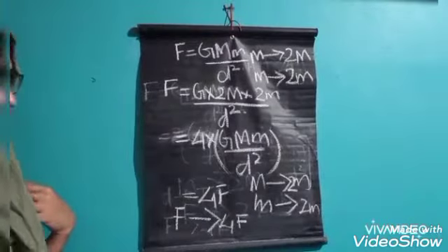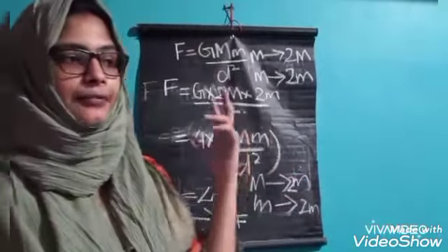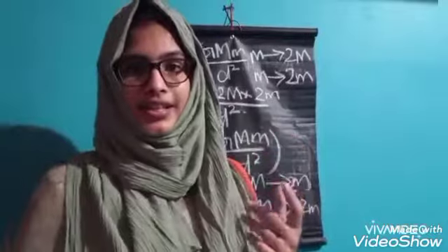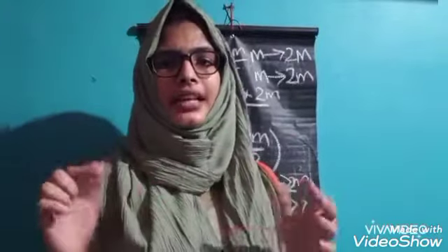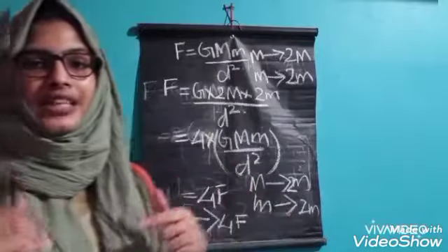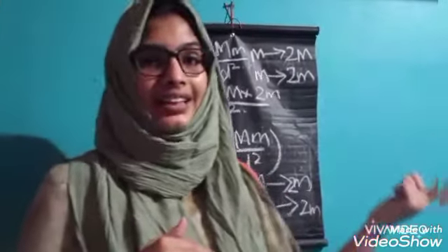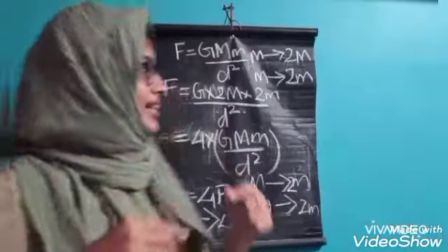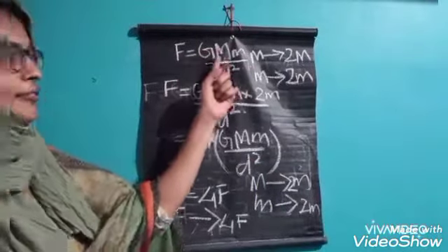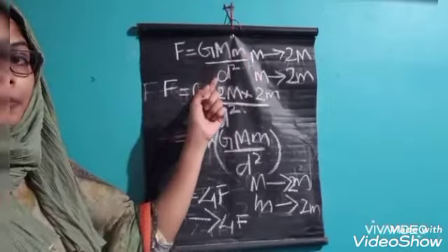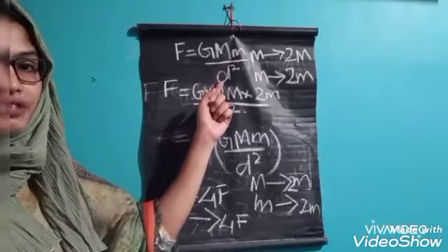Hope you understand. Today we started our chapter gravitation. At first we discussed that Earth attracts all objects towards its center. And what is Newton's universal law of gravitation? Every object in the universe attracts every other object with a force that is directly proportional to the product of their masses and inversely proportional to the square of the distance between them.